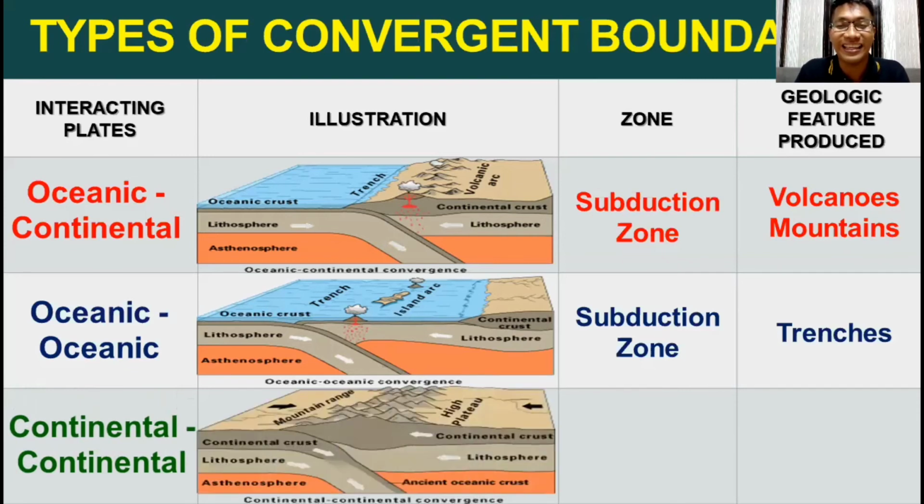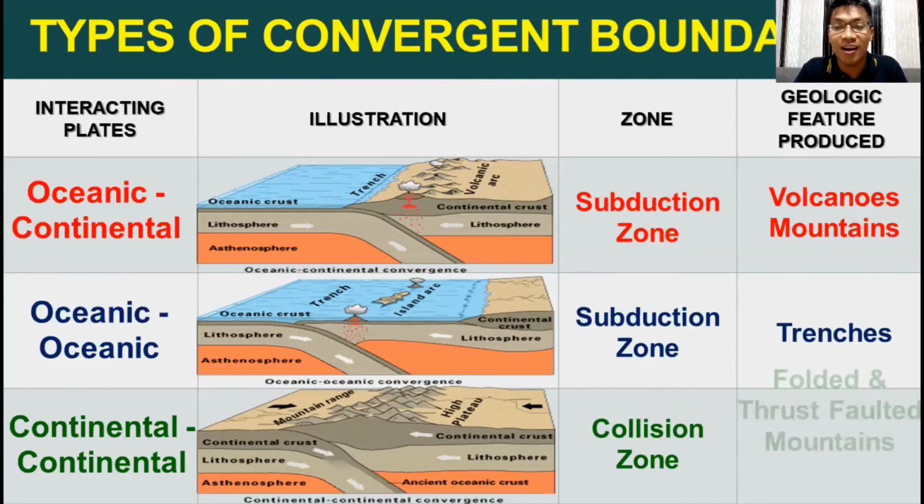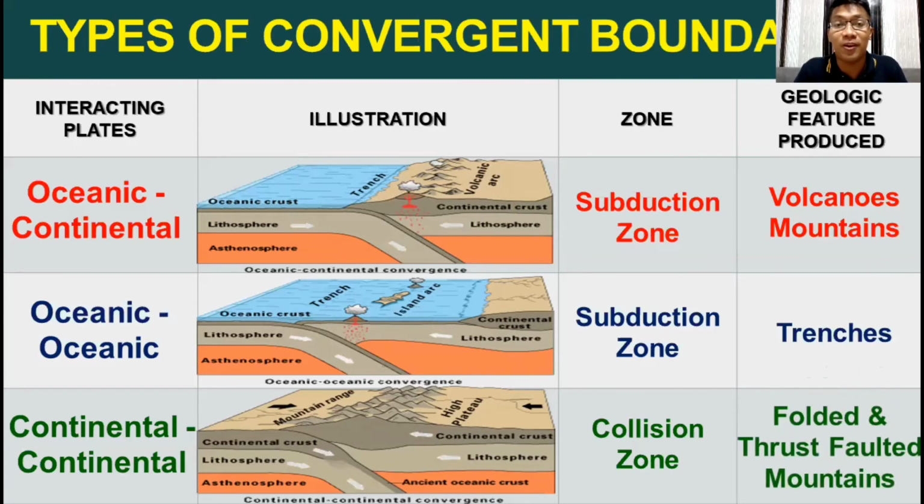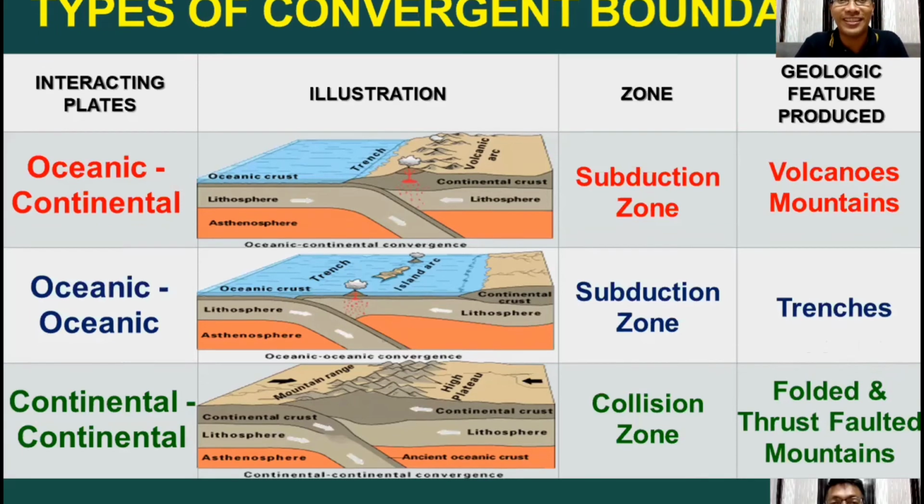And it looks like this. For this case, we got collision zone. What happens in here is that the continental plates are folding, and the geologic feature produced in here are folded and thrust-faulted mountains. The best example of this is the Himalayas, which is a series or system of mountains.